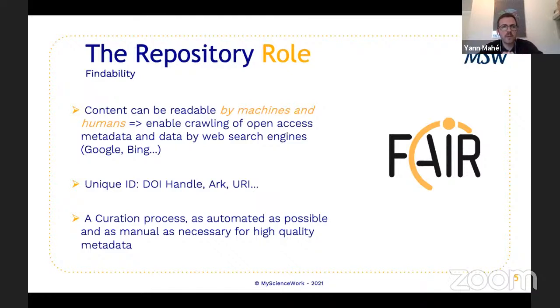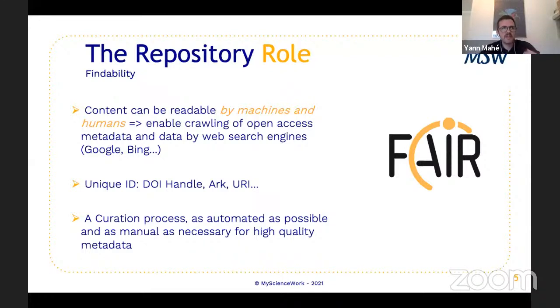But it's very important to understand that repositories can remove all the burden of depositing data and metadata into a repository. So you can have some automated tasks like auto classification, extraction of metadata from PDF files, but also technologies that can help to retrieve metadata from other systems, that kind of thing.